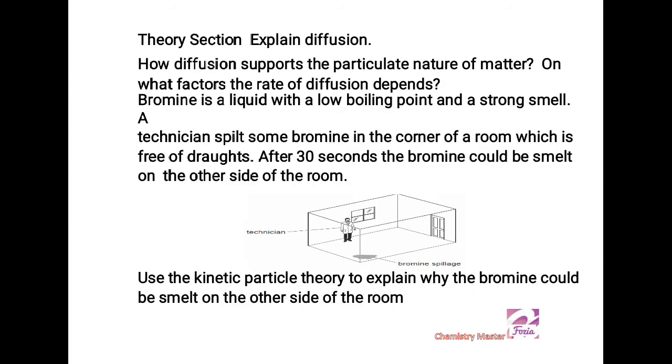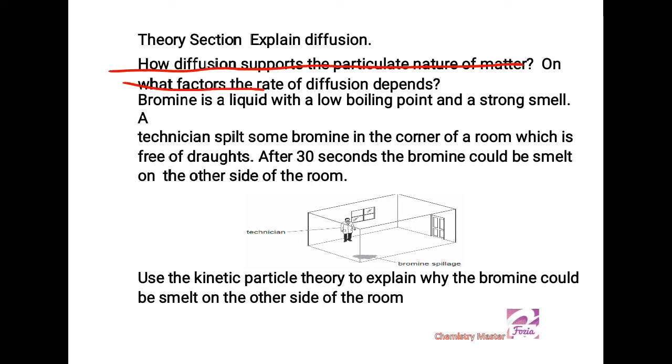To discuss the theory section, the first part is to explain diffusion. You can do it. The next part is how diffusion supports the particulate nature of matter, and on what factors the rate of diffusion depends. Again, when you explain diffusion, both sections will be answered.